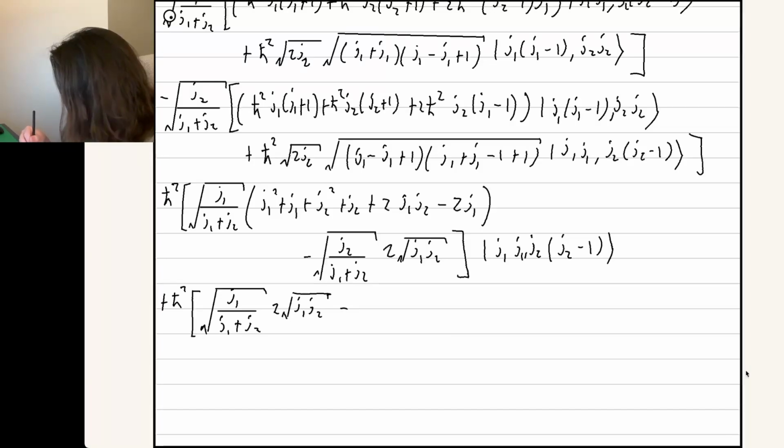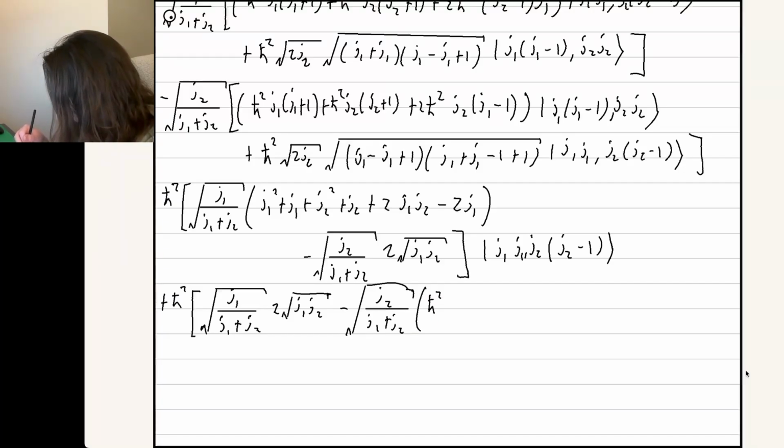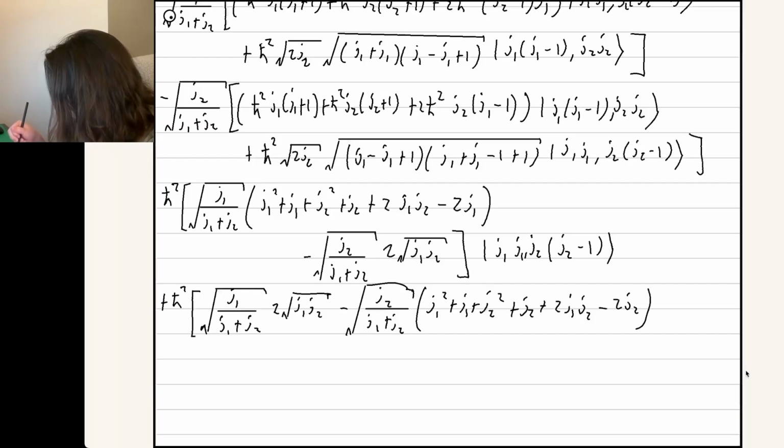And now you have minus root J2 over J1 plus J2, which is multiplied by, actually no h bar squared, just J1 squared plus J1 plus J2 squared plus J2 plus 2 J1 J2 minus 2 J2. All of that acting on the state |J1, J1 minus 1, J2, J2⟩.